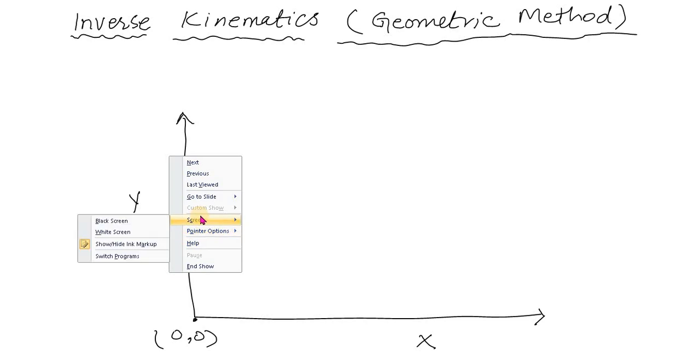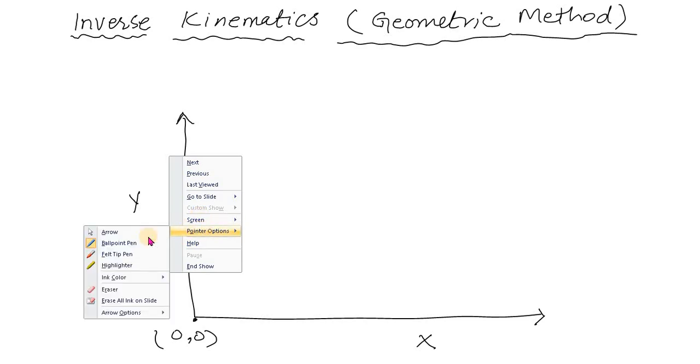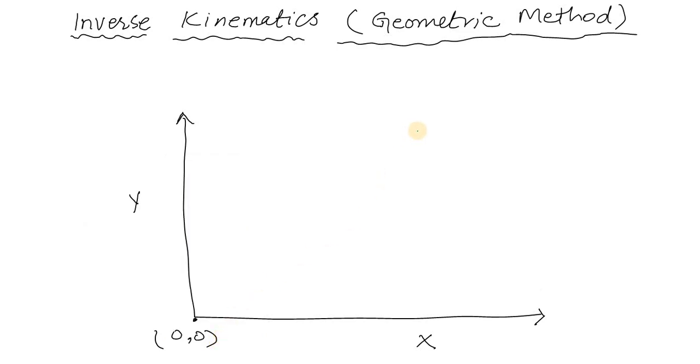So now let's draw our robot. This time we start from our end effector, which was somewhere here. This is the final position XY of our end effector, and we want to know what is the configuration of your robotic arm, or what are the angles of the robot that result in this location of your end effector.